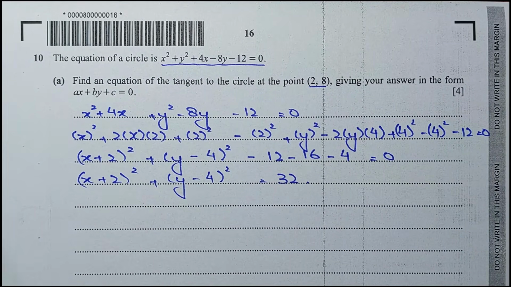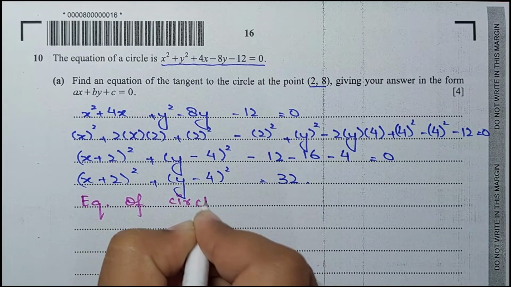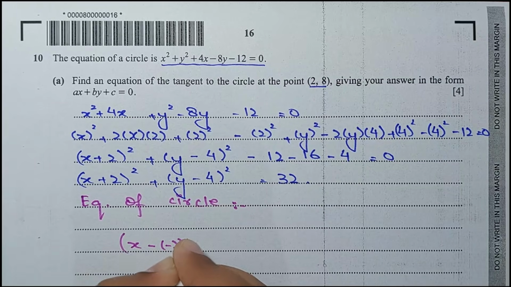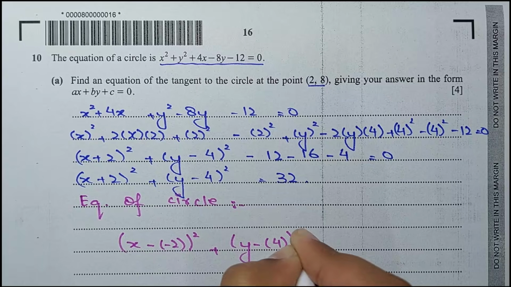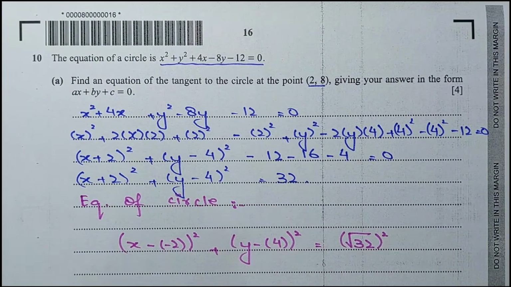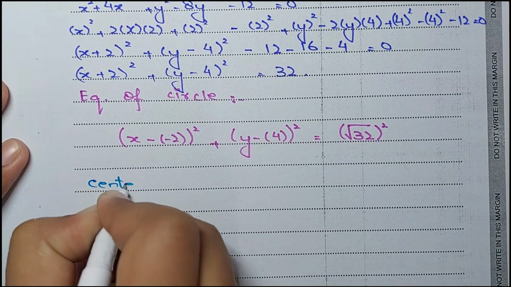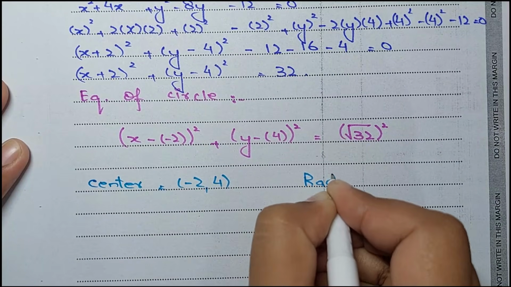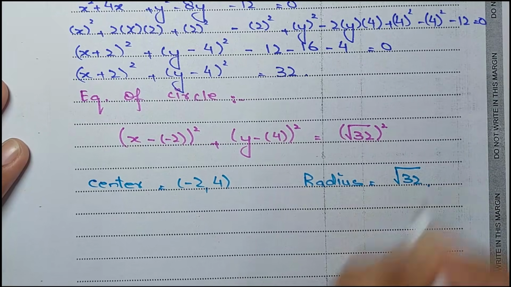So now the equation of the circle is x minus minus 2 whole squared plus y minus 4 whole squared equals the radius squared. So the center of this circle is minus 2 and 4, and the radius is root 32.